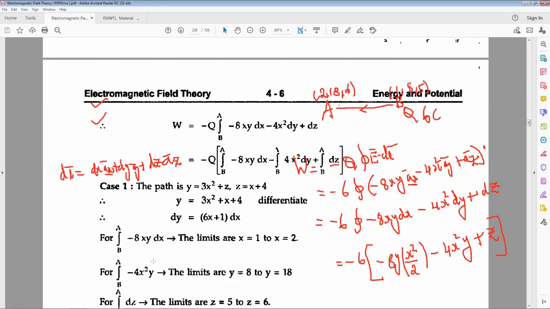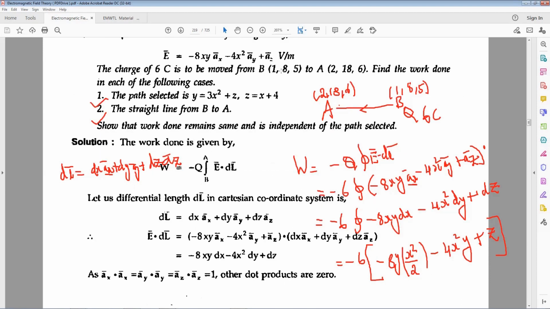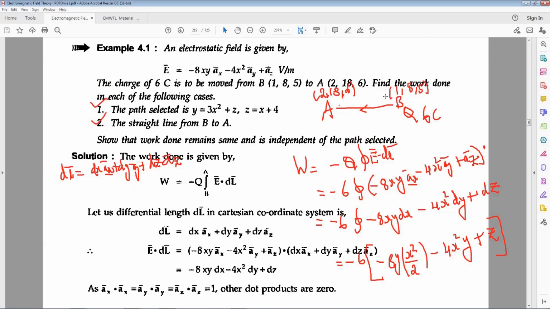So the integral from B to A of minus 8xy into dx has limits of x values. What are the limits of x values given? X is from 1 and 2, y is 8 and 18, and z is 5 and 6.